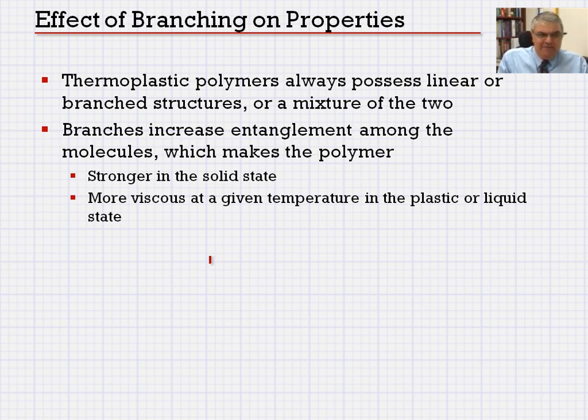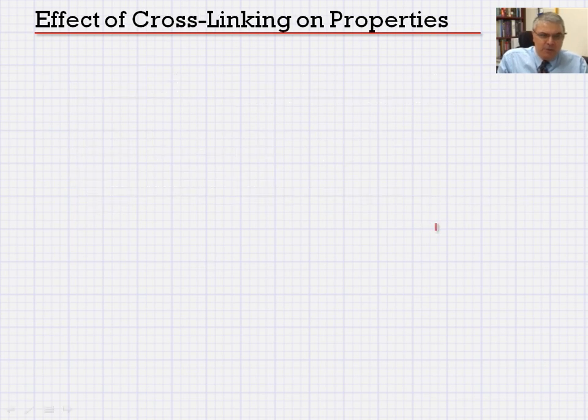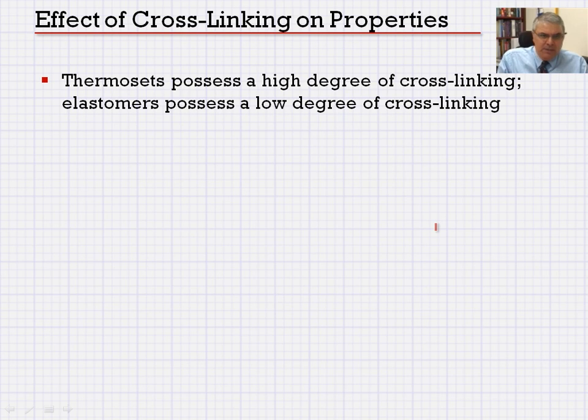As branches increase, then we are going to have more entanglement among the molecules, and that makes the polymers stronger in the solid state and more viscous at a given temperature in the plastic or liquid states. Those are the properties of the molecular structures that we just saw.